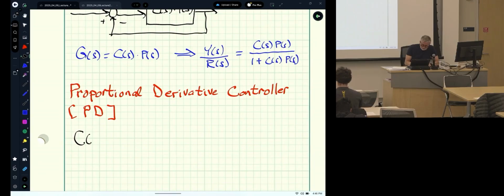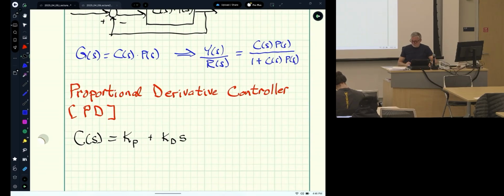So the compensator has a constant gain and then a KD times S. Okay, so why is it called a proportional derivative?